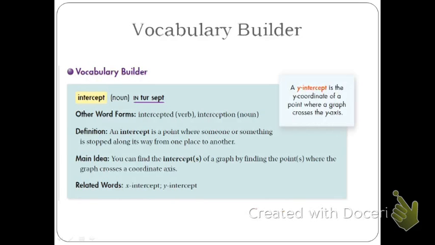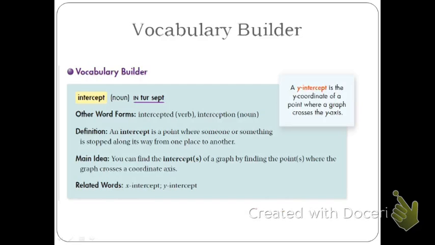Next word is intercept. An intercept is a point where someone or something is stopped along the way from one place to another. It's like intersect and intercept. So the y-intercept is where a line will cross or intersect the y-axis. The x-intercept is the point where a line crosses the x-axis.